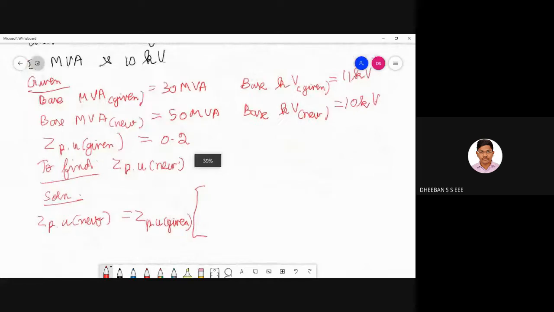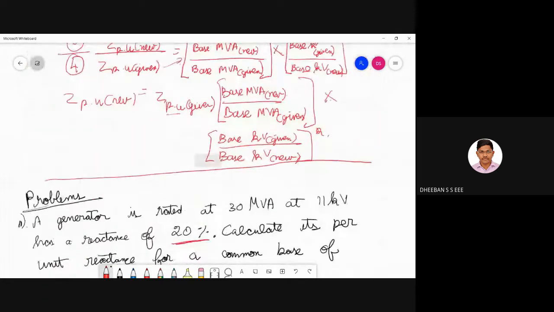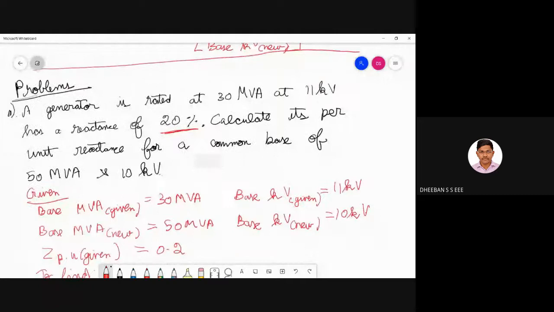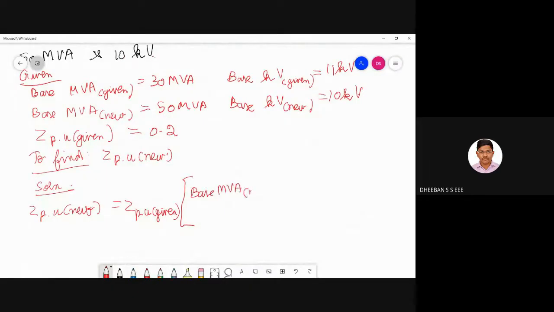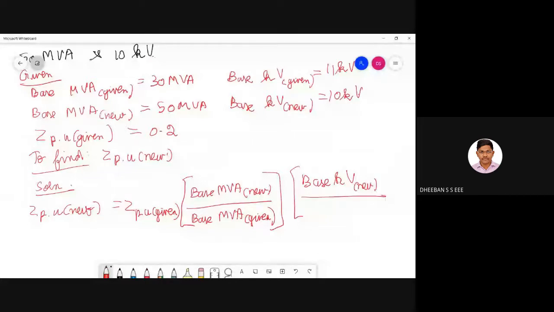For this, the formula for Z per unit new is Z per unit given into base MVA new divided by base MVA given, because here they are represented in percentage, into base kV given divided by base kV new, the whole squared.